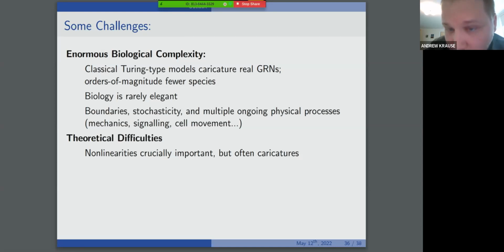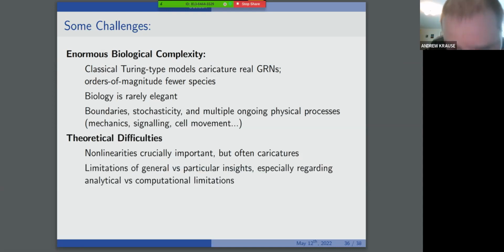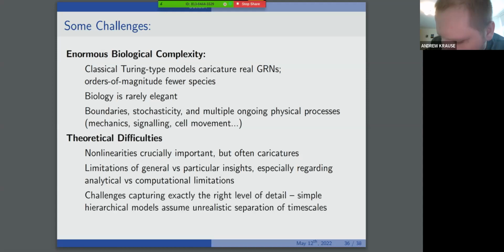So they're almost always, from what I've seen, caricatures of the real biochemistry, the real genetic signaling. And there are a lot of limitations in studying models purely computationally or purely from this sort of vague theoretical general perspective, but without respect to particular details. So we can learn a lot, I think, by combining these things.